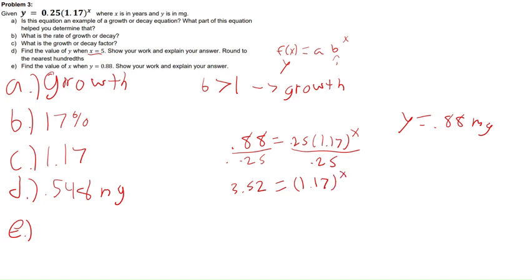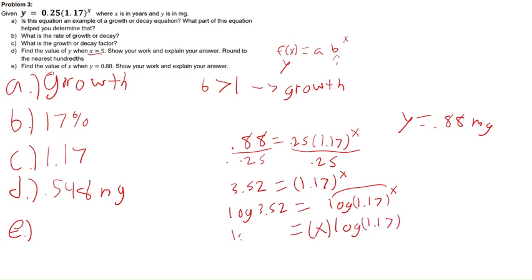So now that we have this, to get it down, we can log both sides. So log 3.52 is equal to log 1.17 to the power of x. And then we can move x down there. So now it's x log 1.17 is equal to log 3.52.